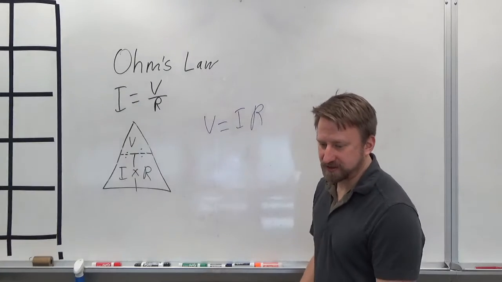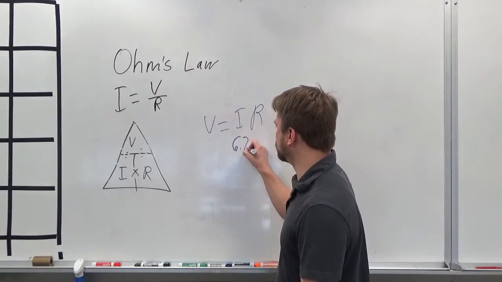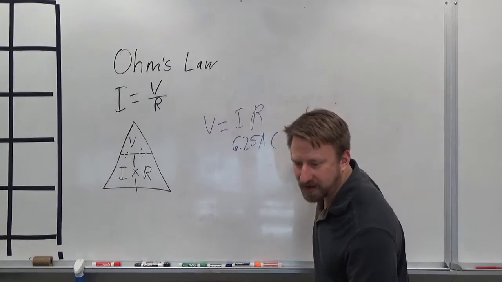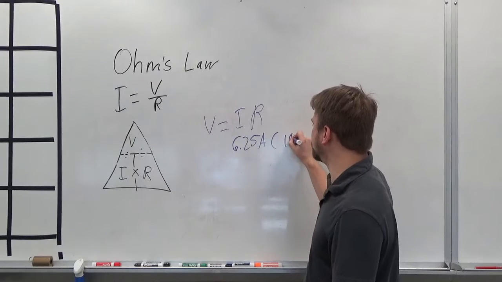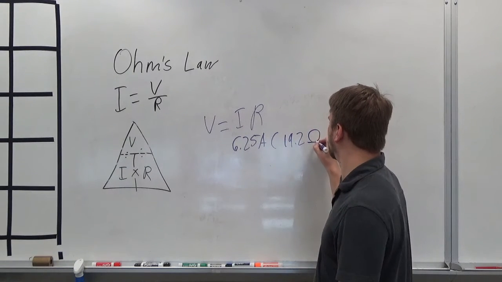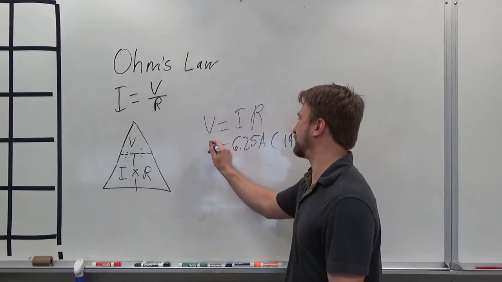We're just going to plug things in. Our current is 6.25 amps. We're going to multiply that by 19.2 ohms to get our voltage.